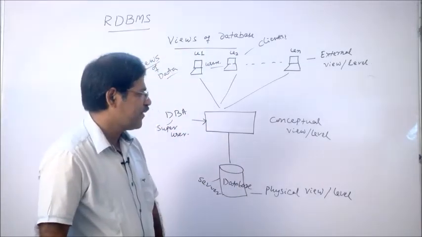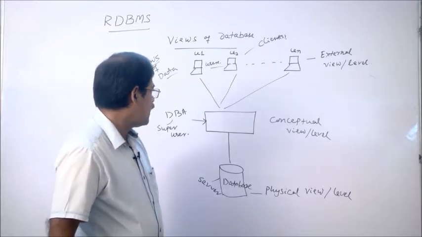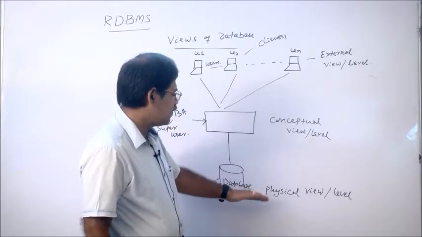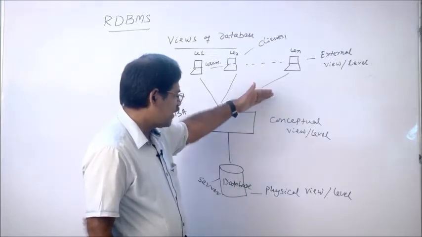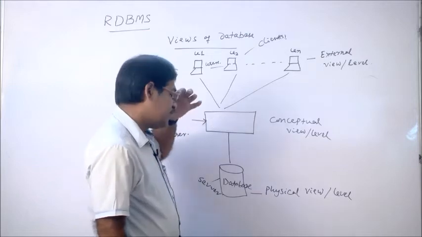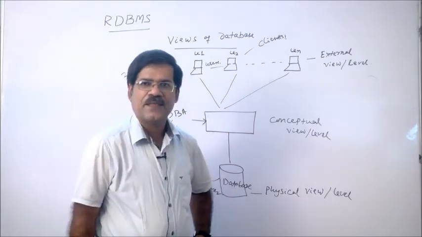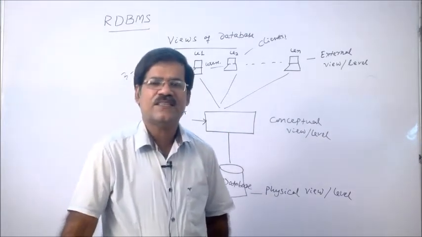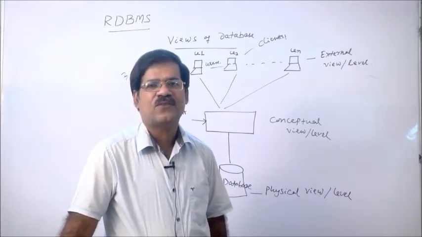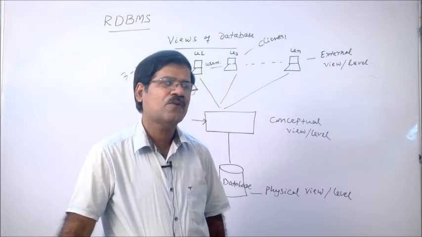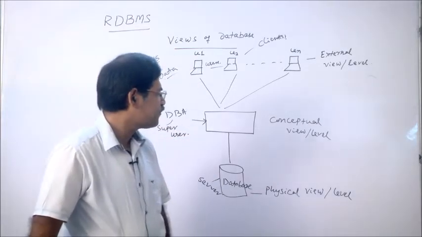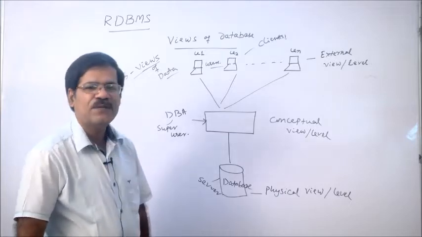That is why the DBA is a middleman present between the client and the server machine, or between the external level and the physical view. That view is a conceptual view, and it is controlled by the DBA. So the DBA is the controlling authority of the database, and the whole operation of the database is controlled by the DBA.